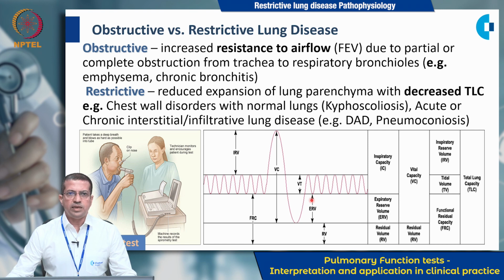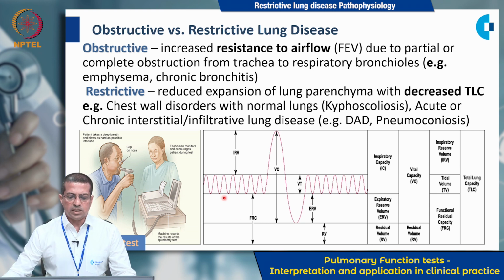So, when he inhales, if the vital capacity of the lung is decreased, then he will be categorized as suffering from restrictive lung disease. If we forcefully expire the air and that volume is decreased, then he will be categorized as suffering from obstructive lung disease.